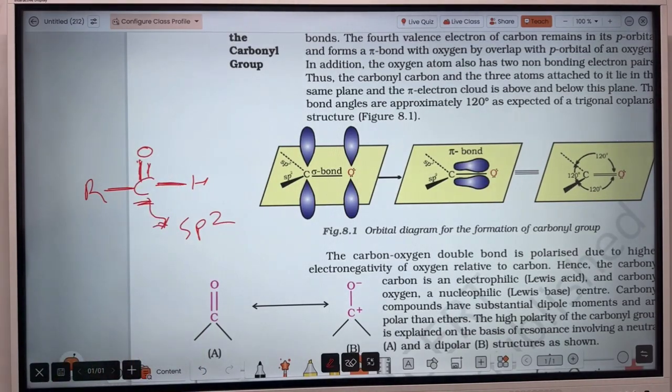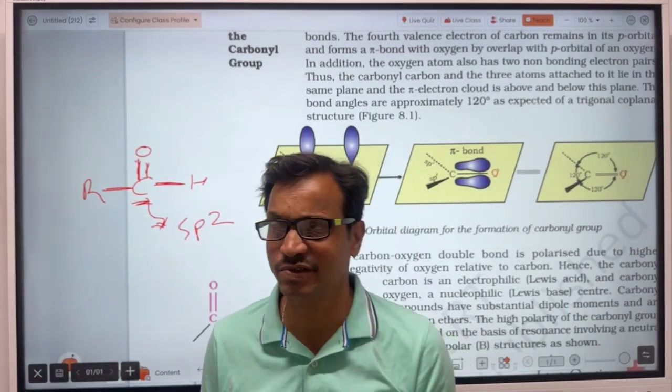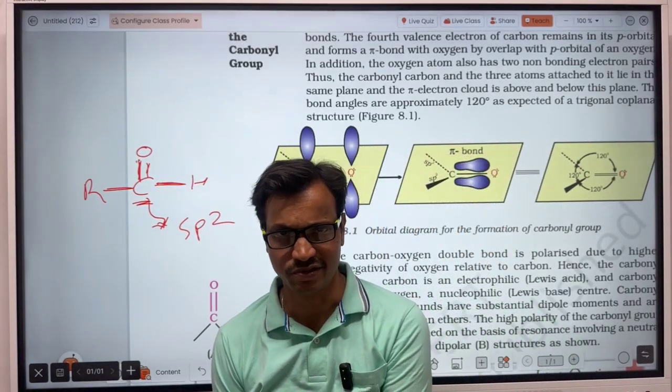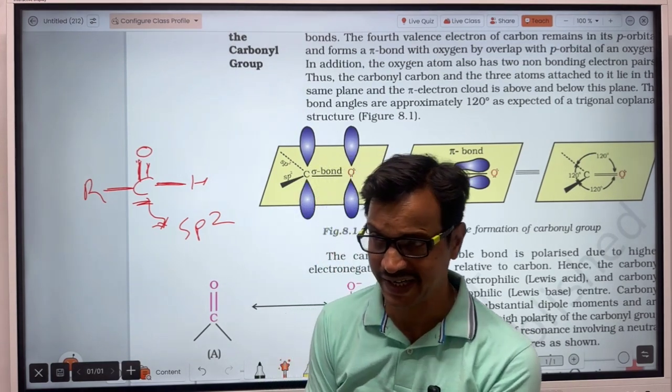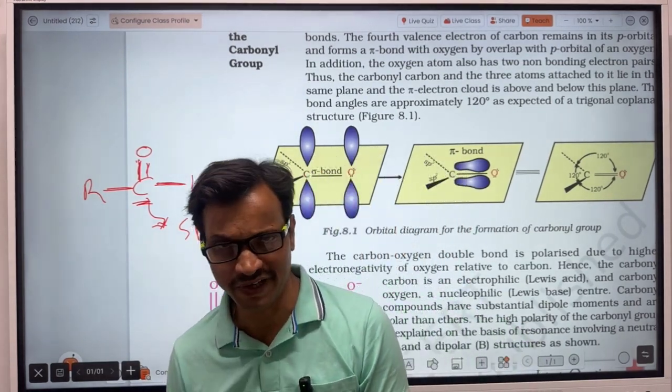Now watch out about the oxygen. Oxygen has 6 valence electrons, of which it has involved 2 electrons in the bond formation with the acyl carbon. So the remaining 4 are non-bonded.